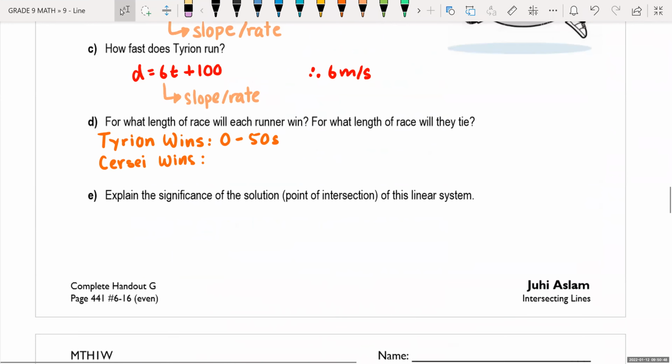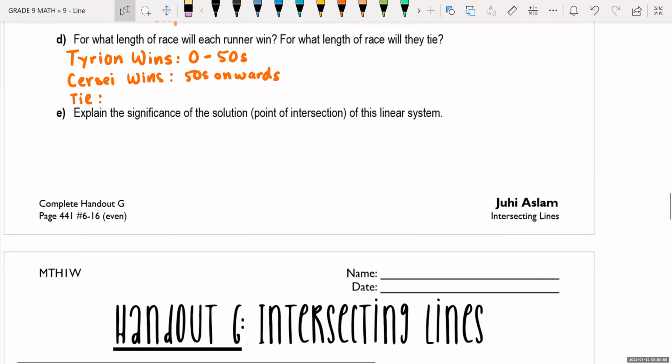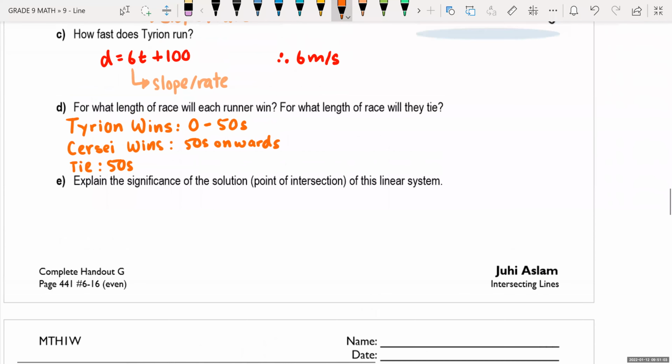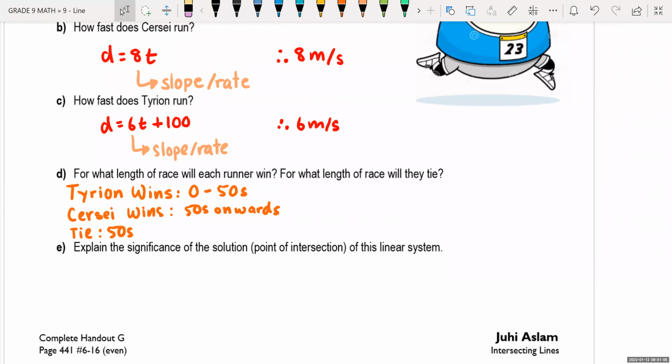So just 50 seconds onwards. And then they're both going to tie at, what did we say? Right at 50 seconds. Now I wrote time because that just made more sense to me. What length of race? You can consider that as time.